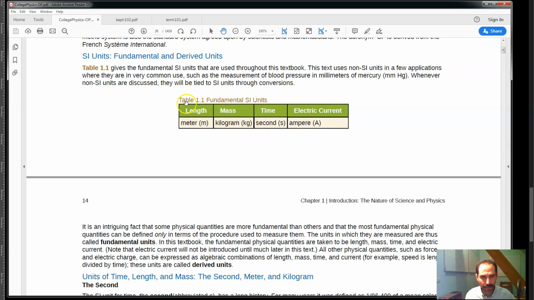So the fundamental SI units for length is the meter, for mass is the kilogram, for time is the second, and for electric current is ampere. It's important to pay attention to the details.